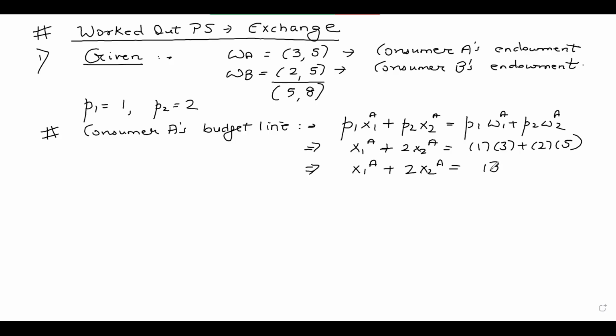Now let's plot the Edgeworth box. We have individual A's origin, and from A's origin, let's say this is 5 and 8 is somewhere here.